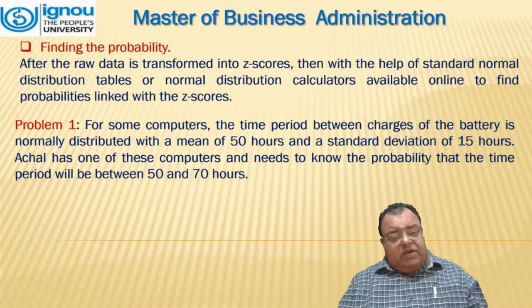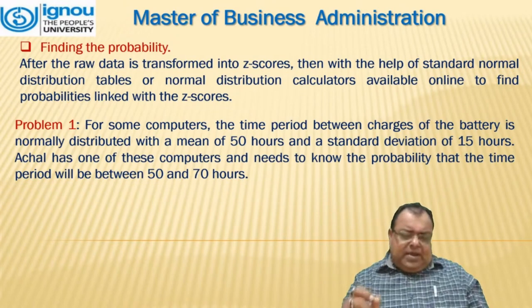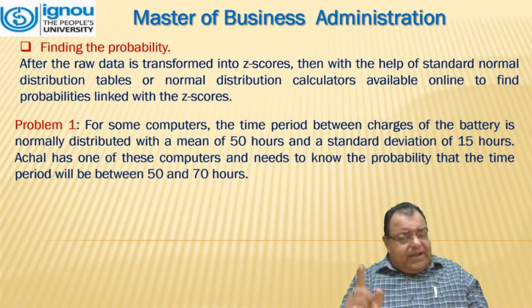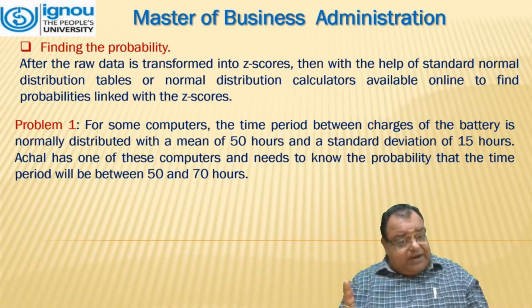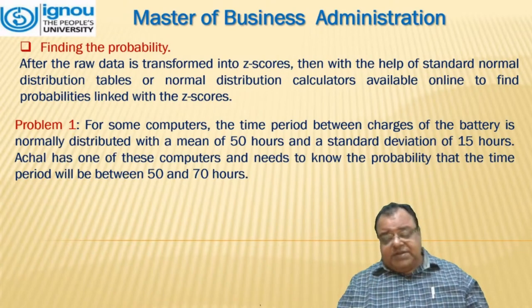Achal has one of these computers and needs to know the probability that the time period will be between 50 and 70 hours. Here, the mean is 50, the standard deviation is 15, and we are given two values of x, that is 50 and 70.